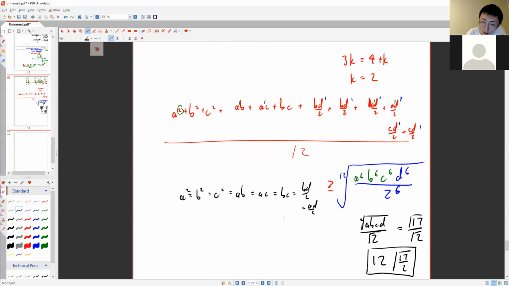So this basically says, since we're non-negative, that A equals B equals C. So let's just call all of A, B, and C A. So this is A squared equals A squared equals A squared equals AD over 2. So we can cancel out an A and we get A equals D over 2. Yeah, that's fine. So this is the equality case, and we just need to scale this so that their product is 17.